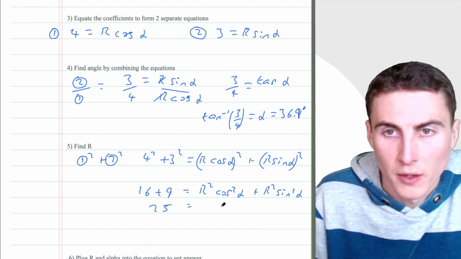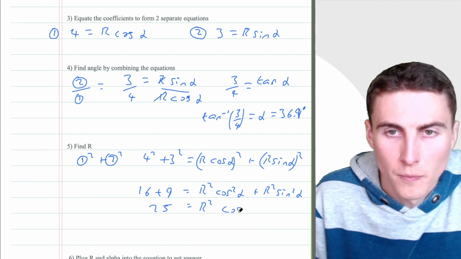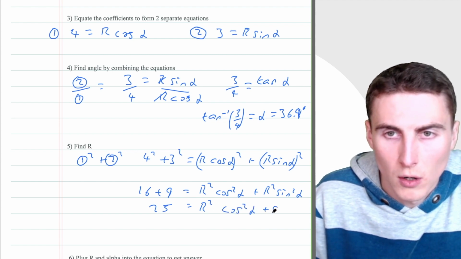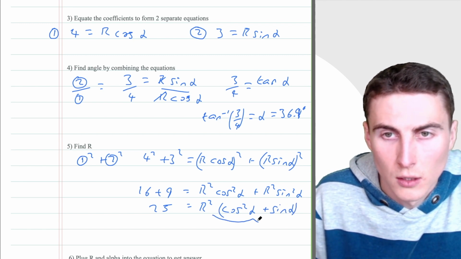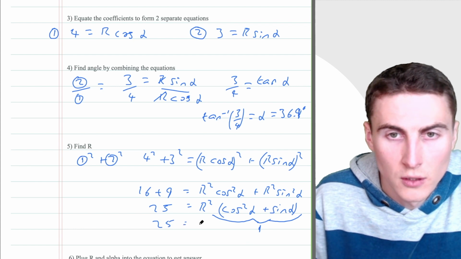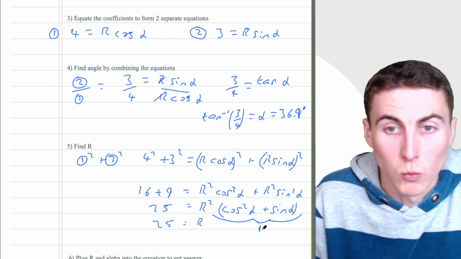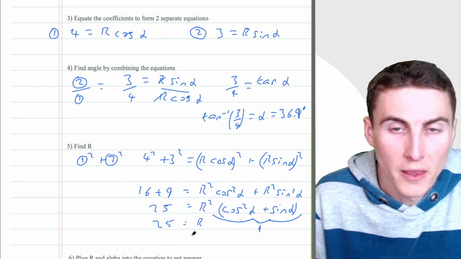25 equals, and then I can pull out the common factor of r squared, cos squared alpha plus sine squared alpha, which importantly, this thing here is just 1. So actually 25 equals r squared times 1, which is just r squared.